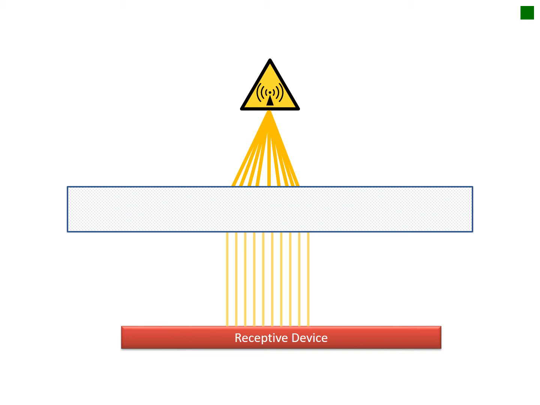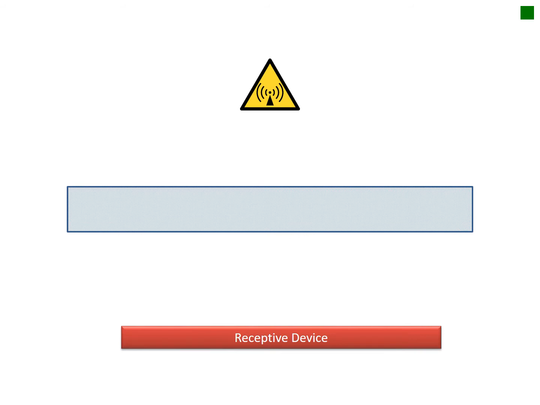If that material has an increased density, that means we have less radiation passing through to our receptive device. So if, for example, our material is more dense, like bone, we absorb radiation better, less radiation hits our receptive device, and we end up with a whiter picture.